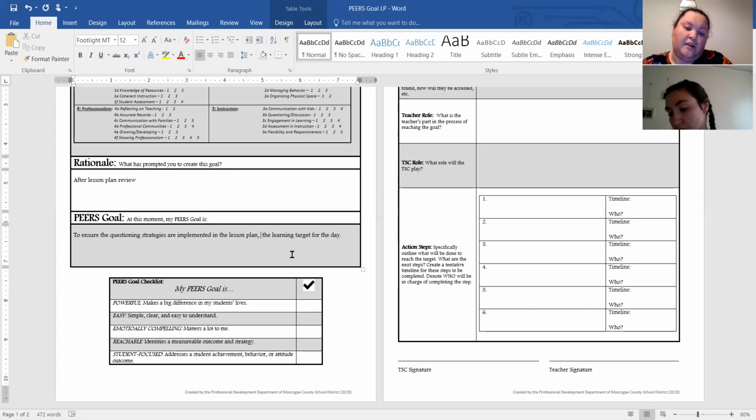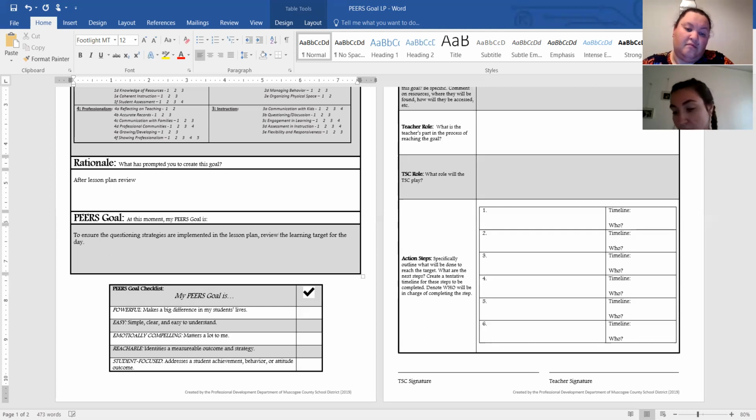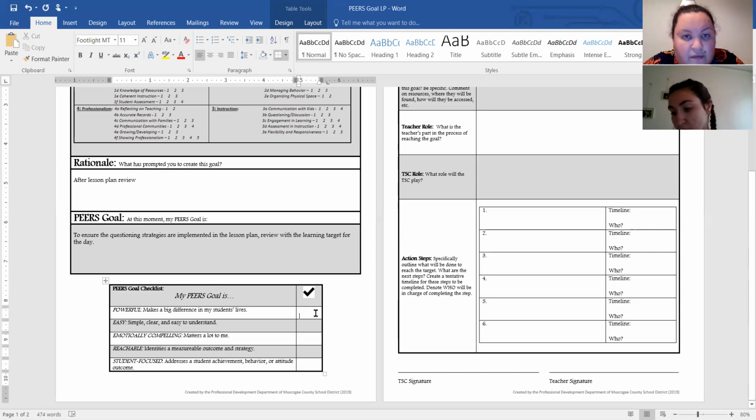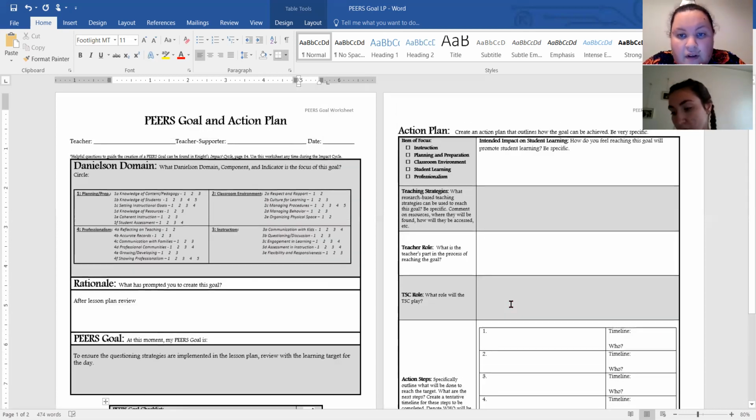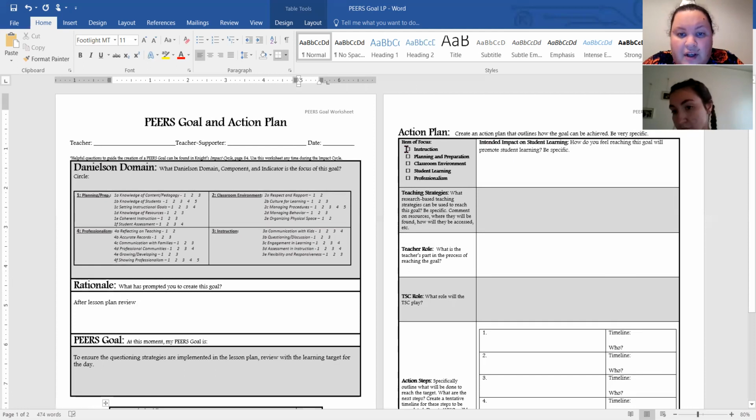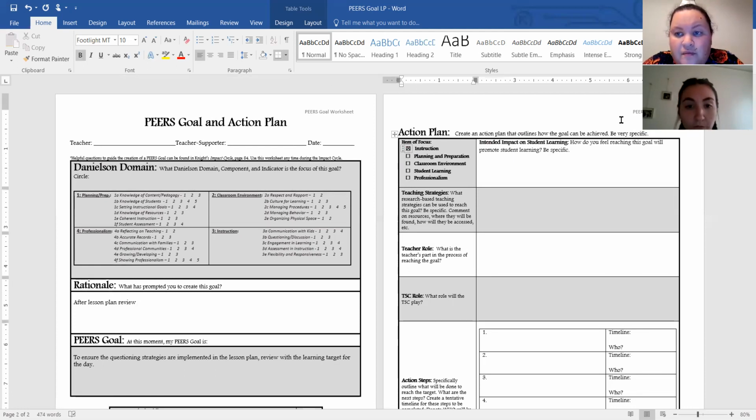Review with the learning target for the day. All right, so we're going to use that for instruction.